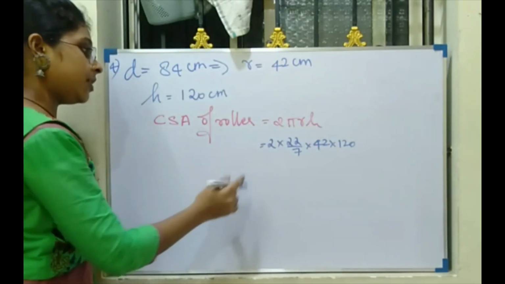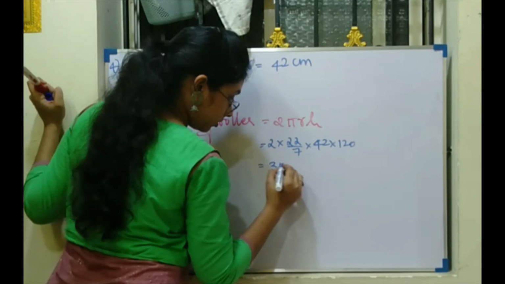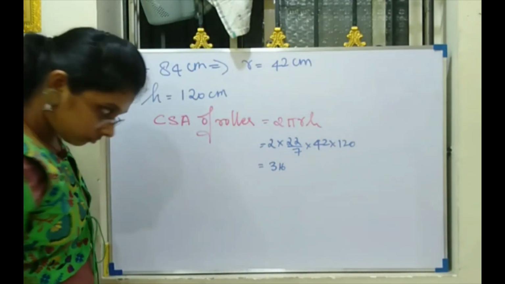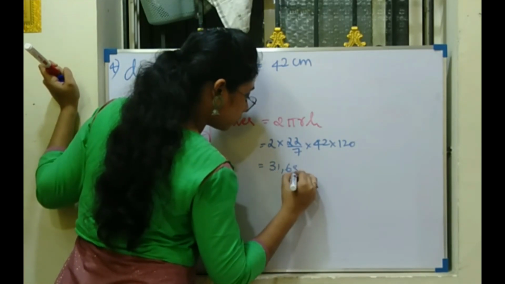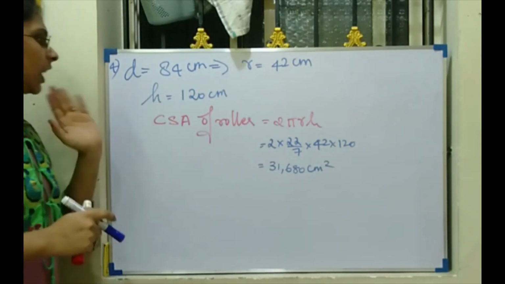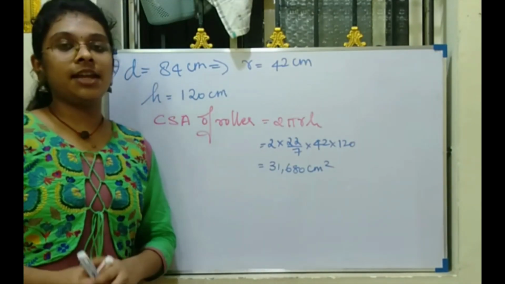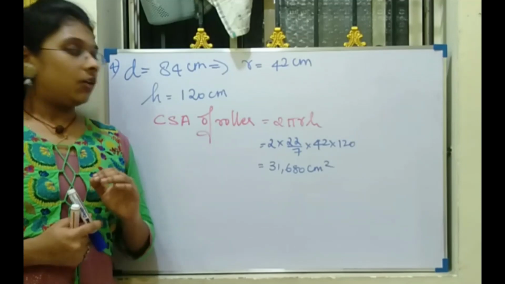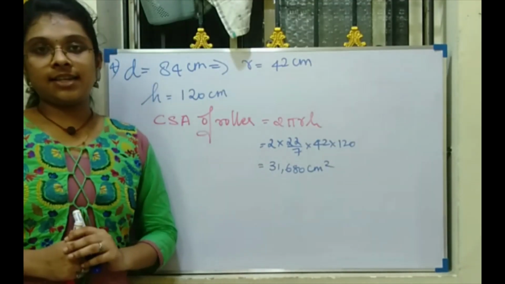All the information is given, so let's complete this calculation. So the curved surface area of the roller is equal to 31,680 centimeter square. That is, one revolution is equal to 31,680 centimeter square.